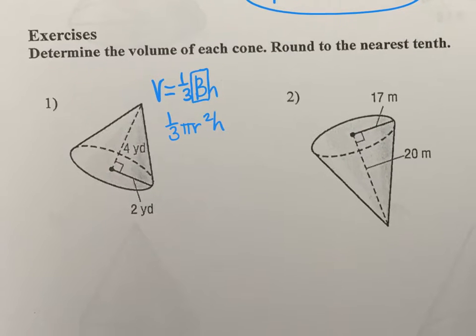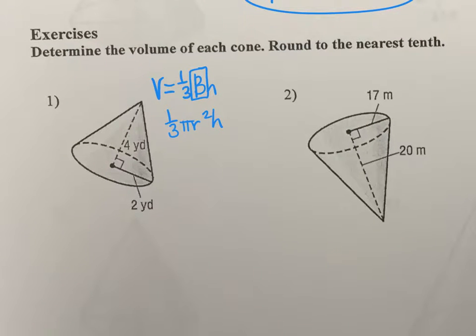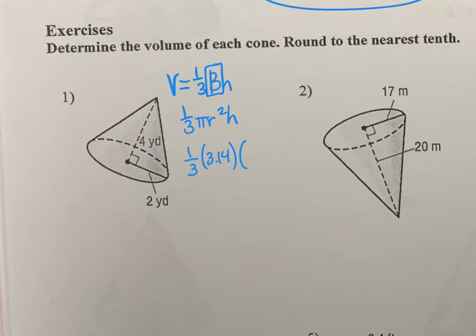Then let's plug in the numbers we have for this particular cone. So 1/3, we need that in the formula. Pi, I'm going to put 3.14, radius squared. What is my radius on this cone? Halfway across the circle, it's already measured out for us, and it's just 2. So 2 squared. And the height of the cone is 4. So in your calculator, plug this whole thing in.